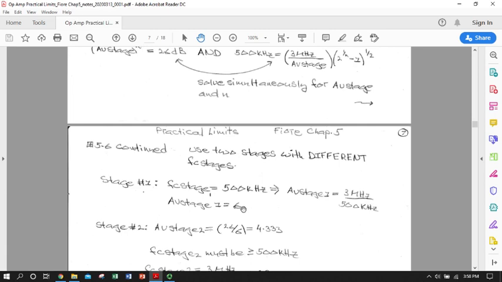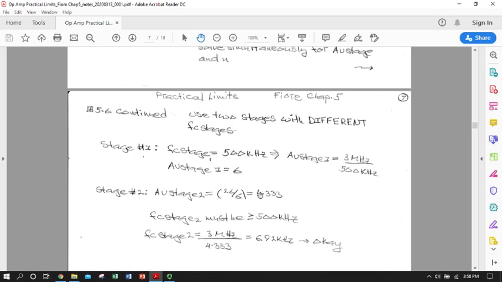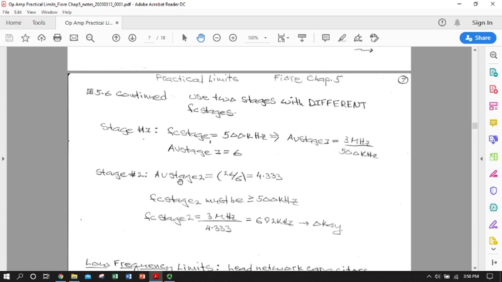Remember, we needed a total gain of 20, so 20 divided by 6. That might have been an error if I have 26 in there; that's not right. So we set up the second stage to give us the additional gain that we need, and as it turns out, our second stage gives us a much larger FC stage, so it doesn't limit the system from the standpoint of our upper break frequency.